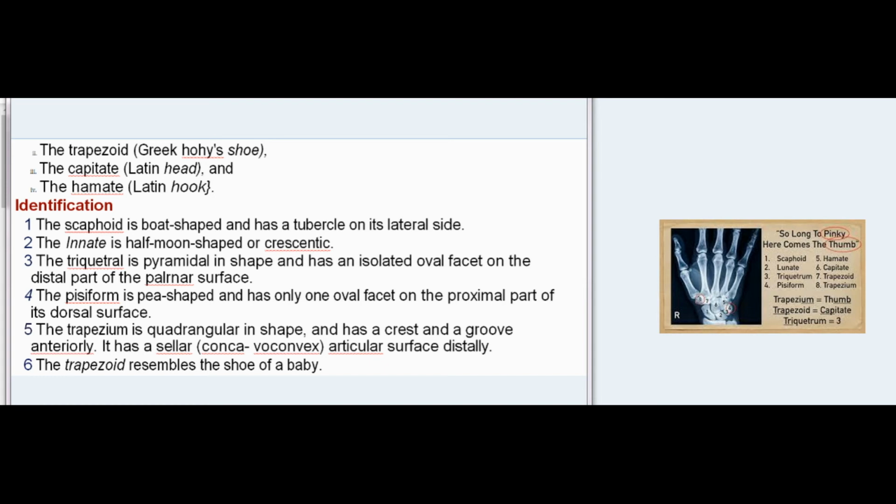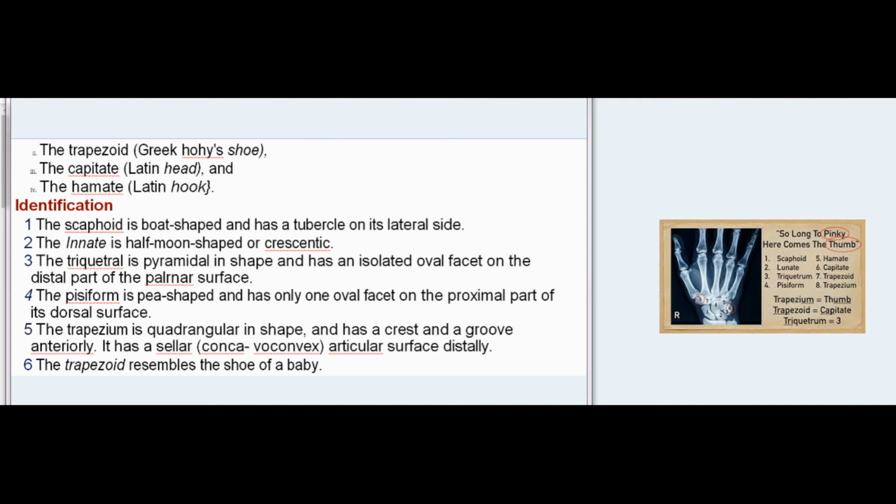Identification. 1. The scaphoid is boat-shaped and has a tubercle on its lateral side. 2. The lunate is half-moon-shaped or crescentic. 3. The triquetral is pyramidal in shape and has an isolated oval facet on the distal part of the palmar surface. 4. The pisiform is pea-shaped and has only one oval facet on the proximal part of its dorsal surface. 5.